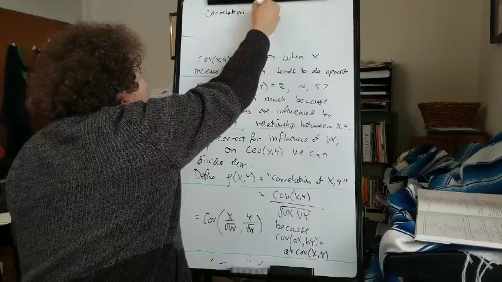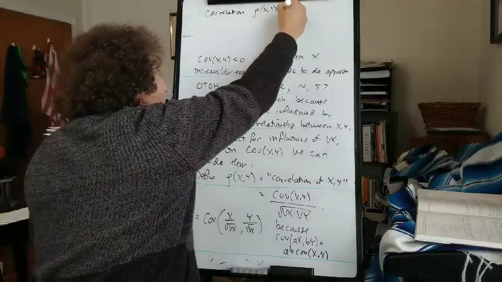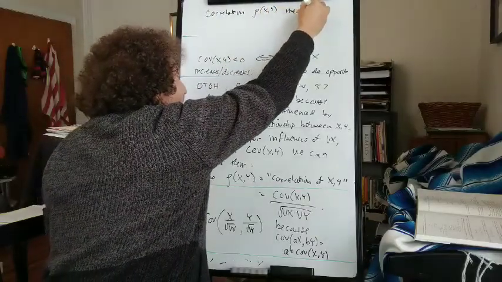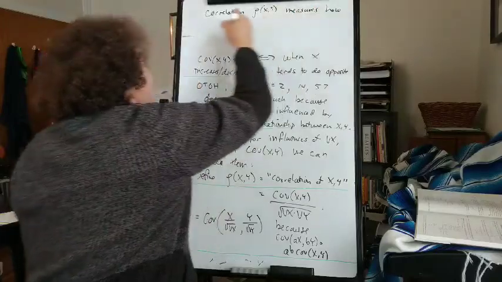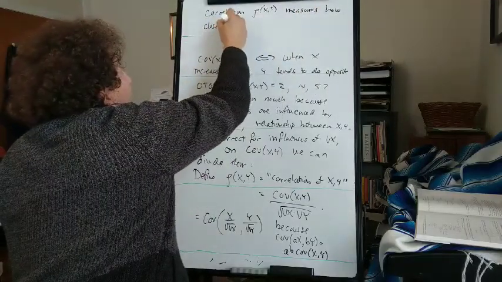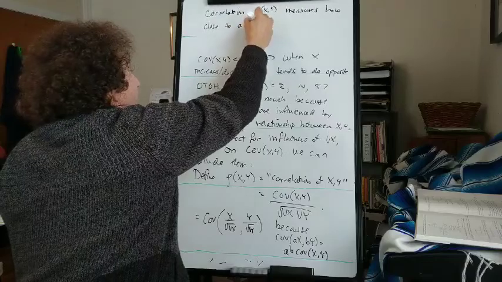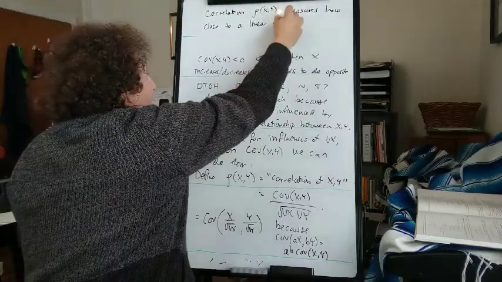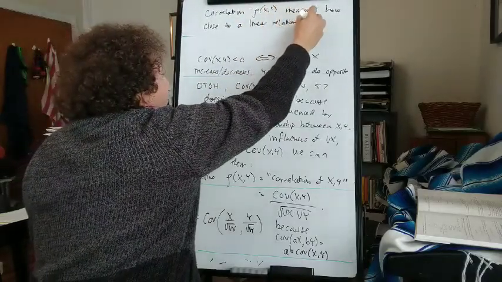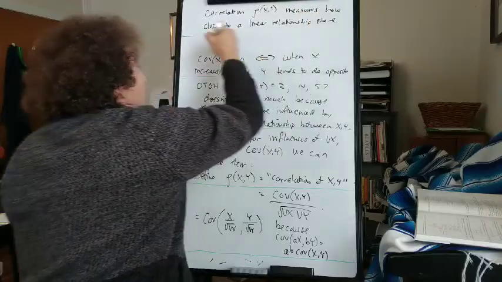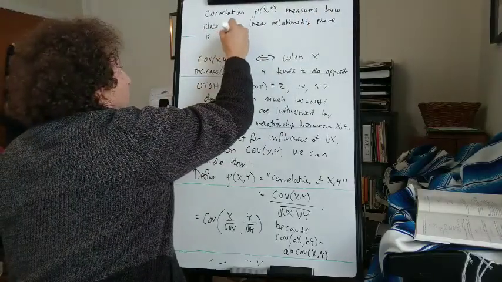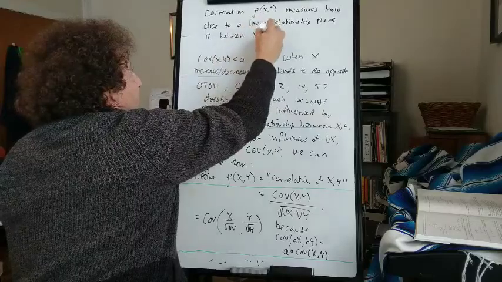Correlation, rho of x and y, measures how close to a linear relationship there is between x and y.